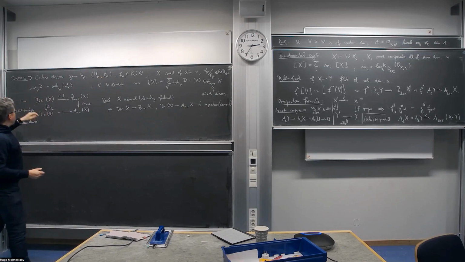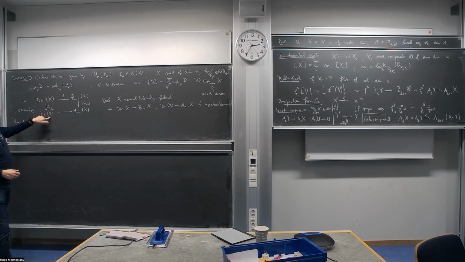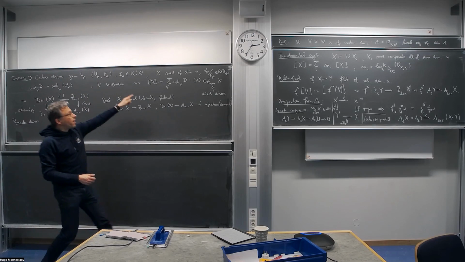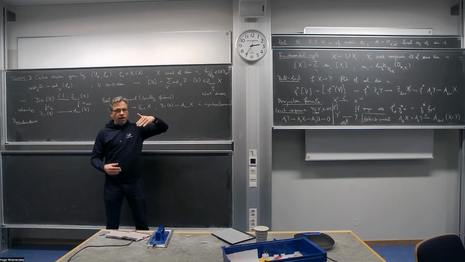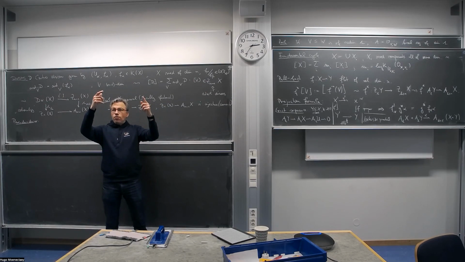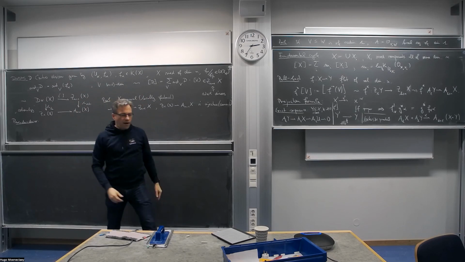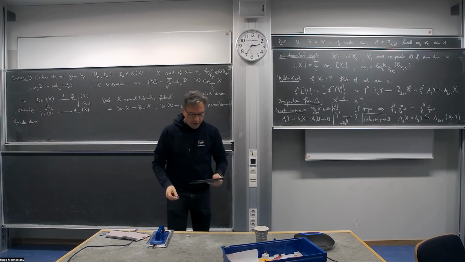What I can pull back is a line bundle. So the idea is that a Cartier divisor is something like a line bundle plus a section. So I should consider line bundles plus sections. When I pull back the line bundle, it can happen that I still have a section, or that the section is nowhere defined.